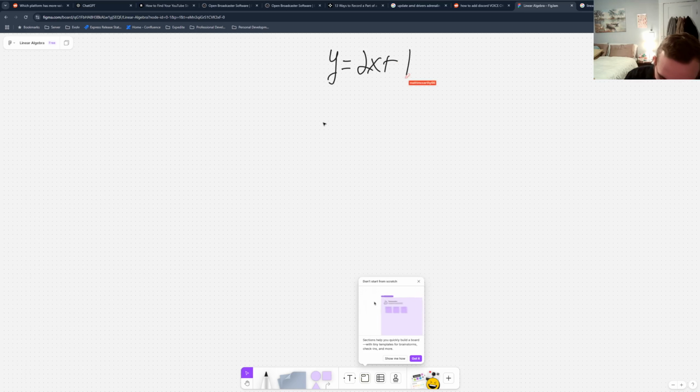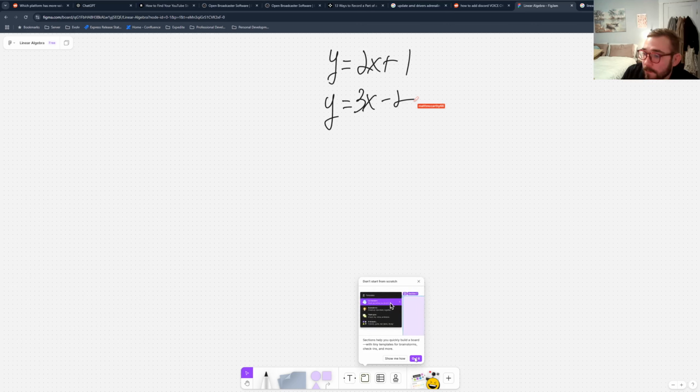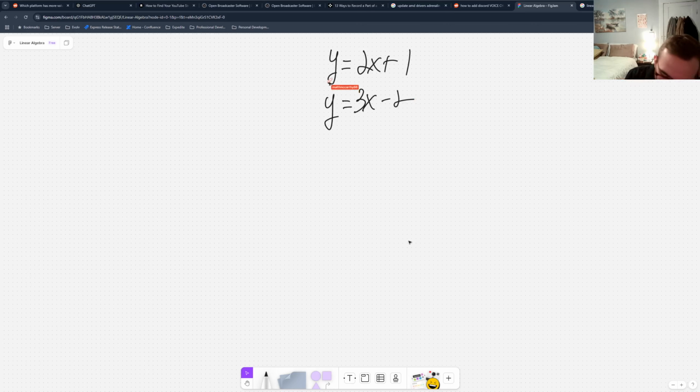And then another equation would be like y equals 3x minus 2. Right? So how would you go about solving this? Right? And first how would you know that you could solve it? And how would you solve it?